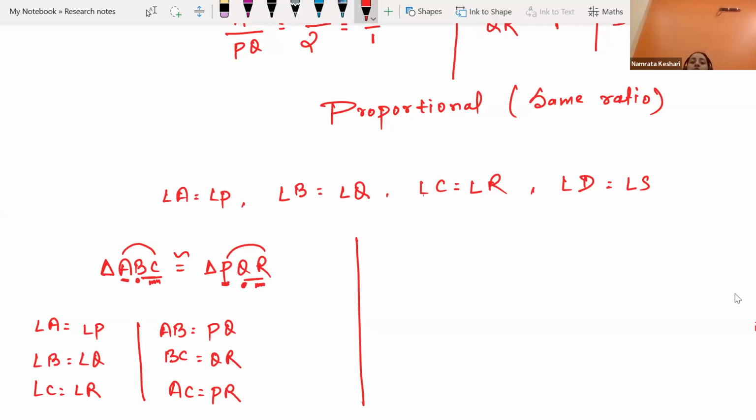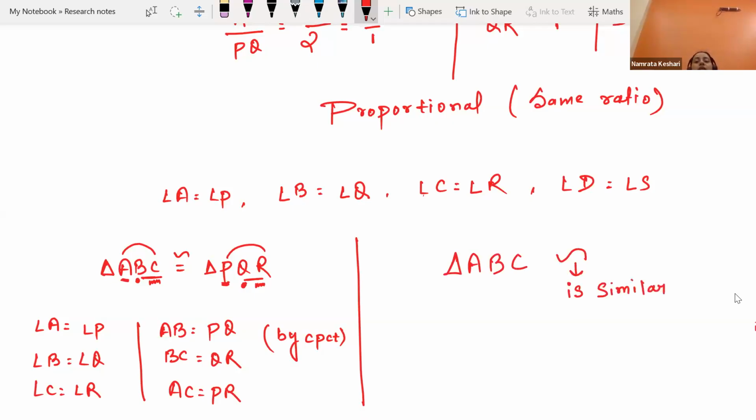This much we used to get from CPCT, corresponding parts of congruent triangles. Now, there is a sign for similarity also. Here also we will specifically be talking about similarity of triangles only. If I am saying that triangle ABC is similar, this is the sign we'll be using from now onward for representing is similar.